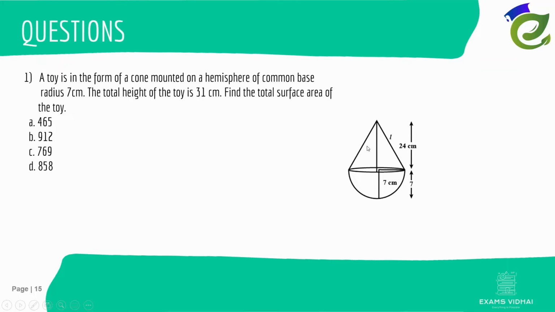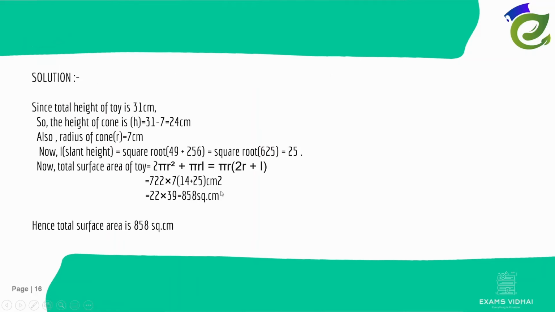Now we need to find the total surface area of the toy. Total surface area of the toy is the curved surface area of the cone plus the curved surface area of the hemisphere. We know that the curved surface area of the cone is pi r L, where L is the slant height, and the curved surface area of the hemisphere is 2 pi r square.